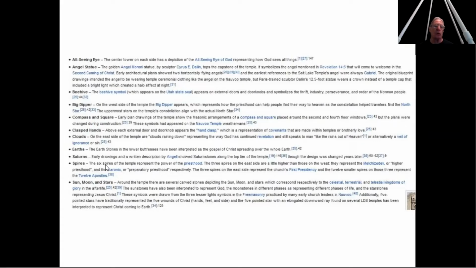Also, let's go down to the spires and talk about those. Those are the pyramid-shaped objects on the top. There's 6 of these spires on the temple, and they represent the power of the priesthood. And I think this is an important thing to discuss because, as we know, the geometry of the Stargate Pyramid has the phi scaling angle.